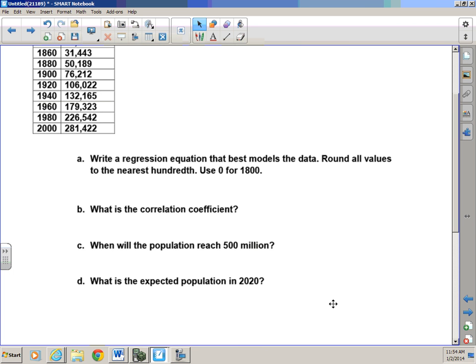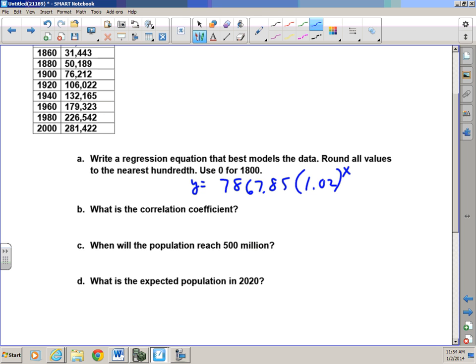So I get y equals 7867.85 times 1.02 to the x. R is 0.98.